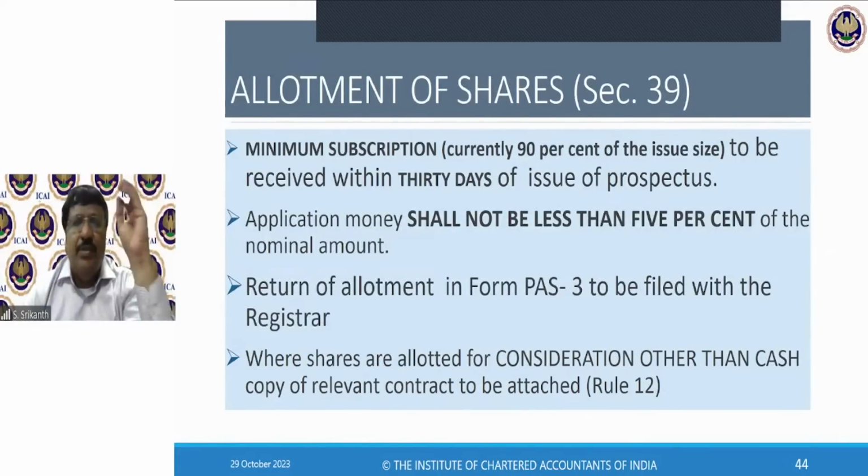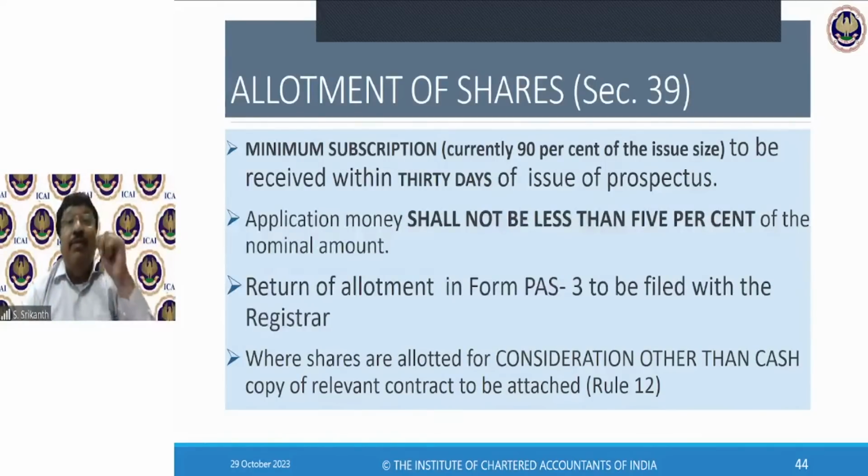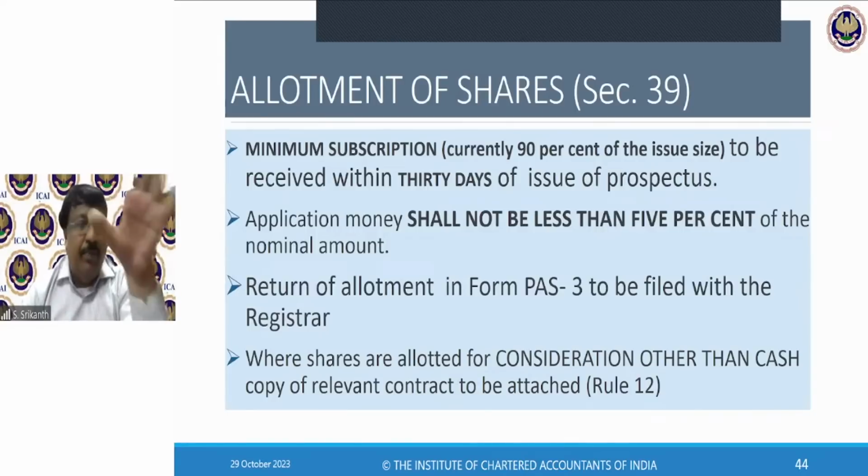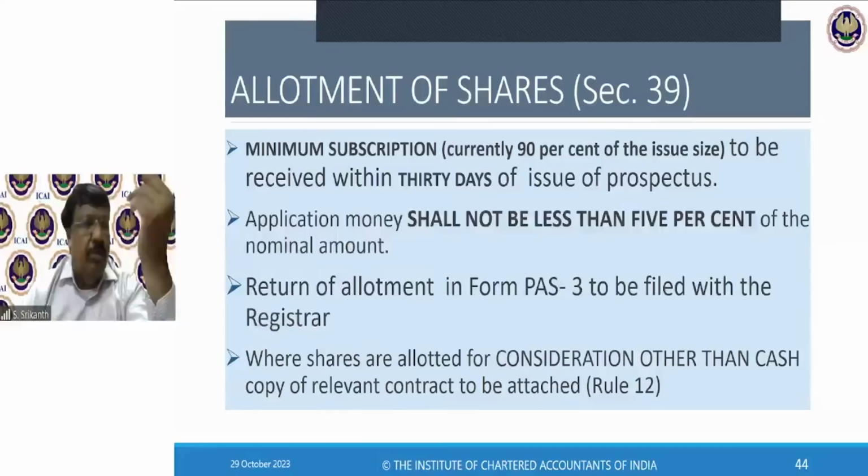When should that 2,700,000 into the application money be received? It should be received within 30 days of issue of the prospectus. From the day the prospectus is made public, within 30 days, I should get 90% of the issue size. Only then has minimum subscription been received. Otherwise, minimum subscription has not been received.